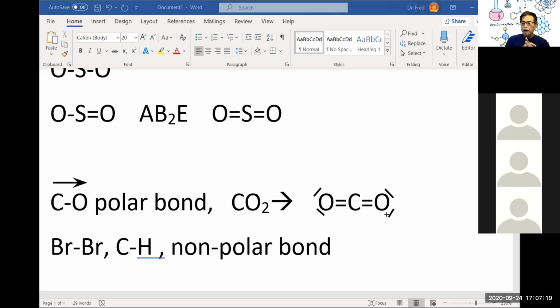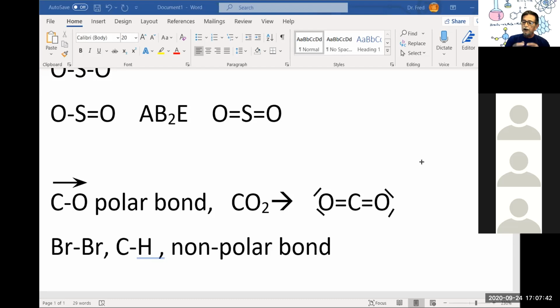Okay. Now, based on what I just stated here on the far left, I said that carbon and oxygen are dissimilar and therefore have a polar bond. And generally, when you have polar bonds in your molecule, you end up with a polar molecule.